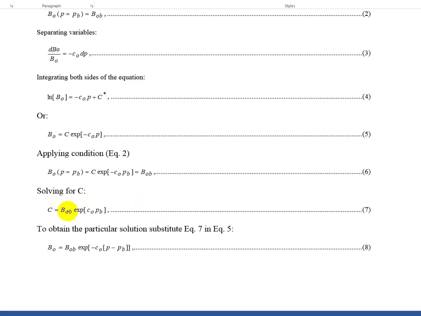That's how you obtain the value for C, and then you get the model for the formation volume factor of oil. This is what you will find in any book of properties of petroleum fluids. So that's what I wanted to show you here.